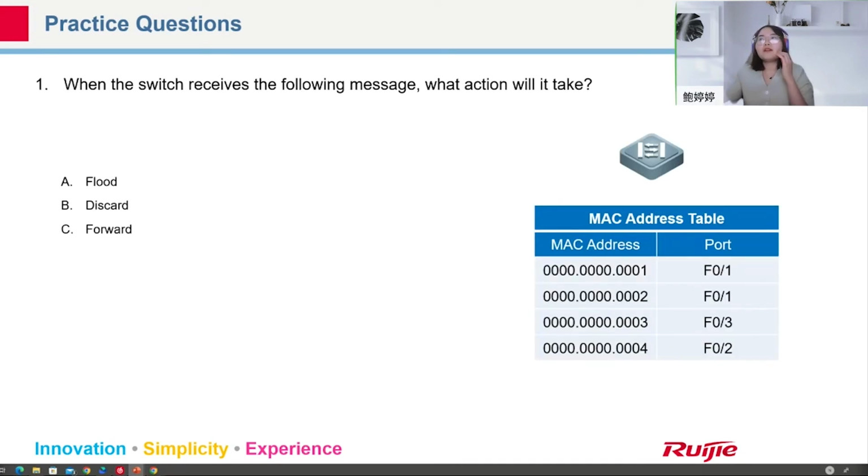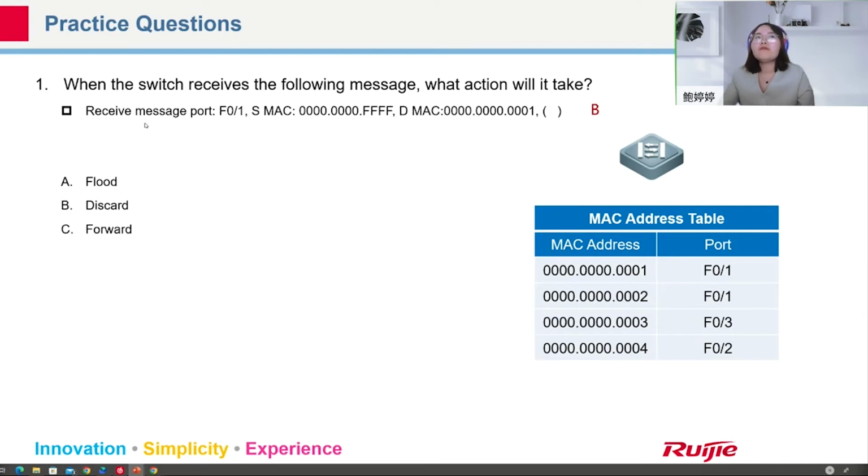And this one is more important for you. For example, now here is a switch, and the switch has already learned a MAC address table, with a MAC address and a port. If the switch receives the following message, what action will it take?